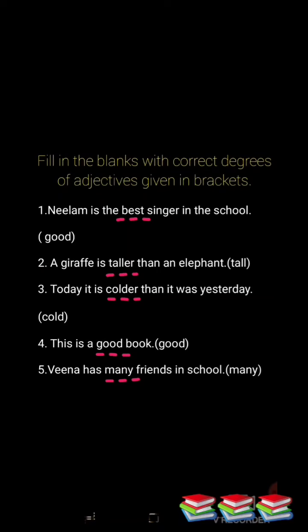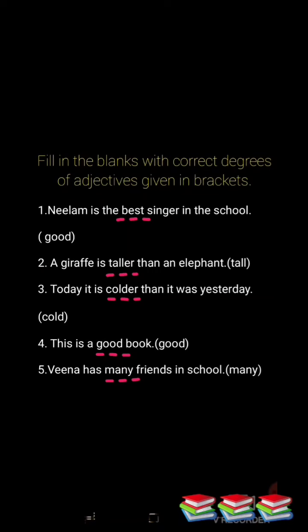A giraffe is dash than an elephant. It's a comparison. You can find the word "than" here. You find a "than" after the blank. It means you have to use the ER form. So tall becomes taller. Today is the colder day than it was yesterday. Cold changes to colder because there is a "than" in the sentence.